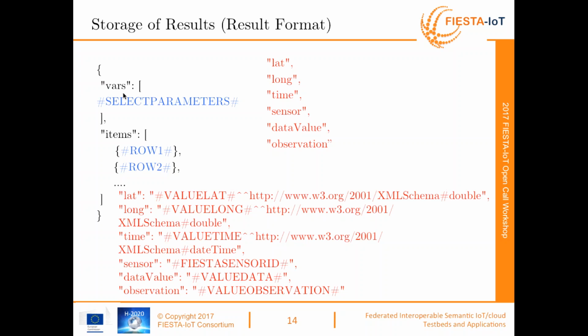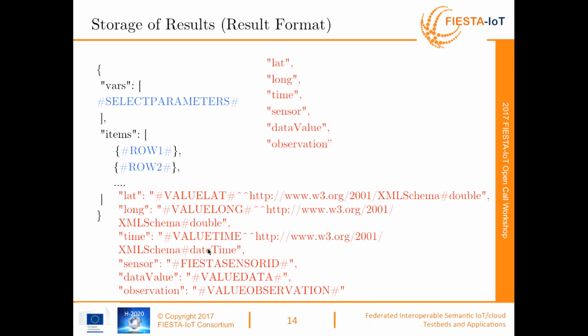As an example, it can be lat, long, time, the sensor ID, data value, and observation. Here you can see the rows. Each row would be something like lat information, long, and so on. So this is a sample result, but this is how it will be stored in the result repository, the result storage, in case it is not provided to you.